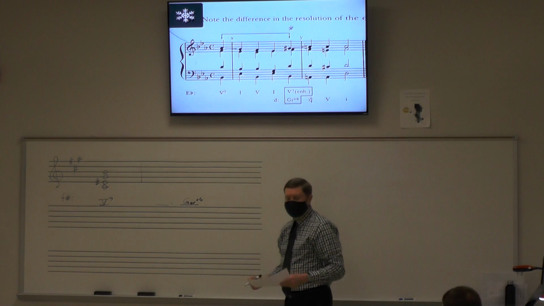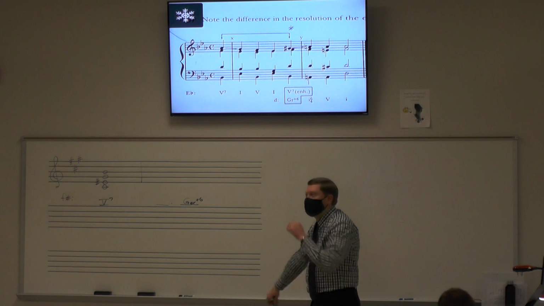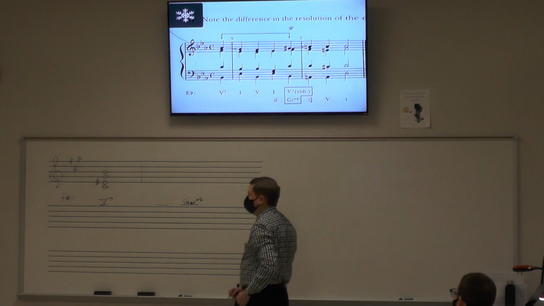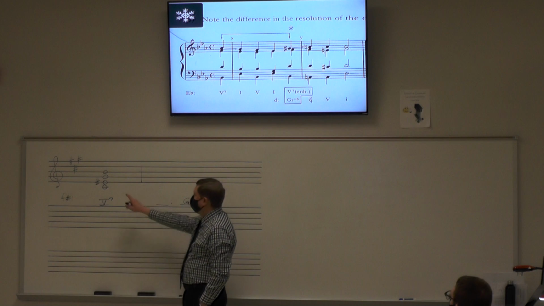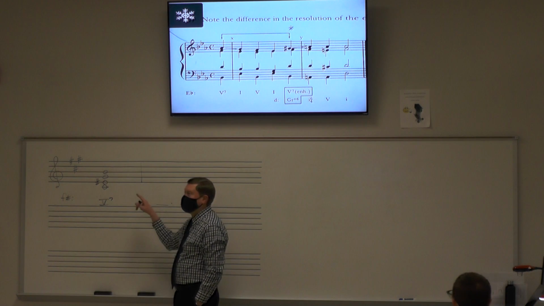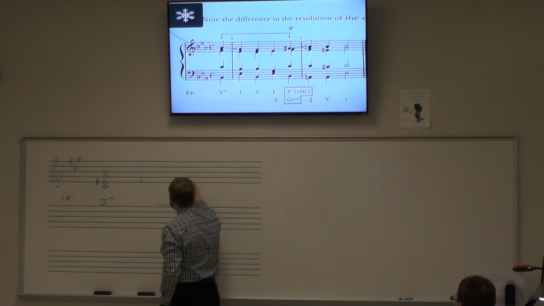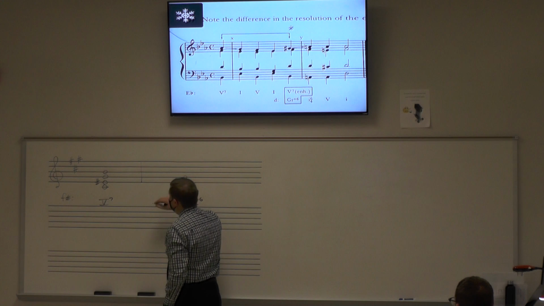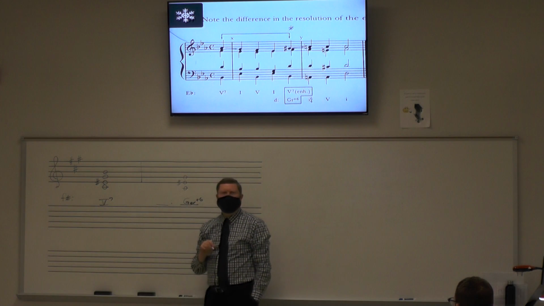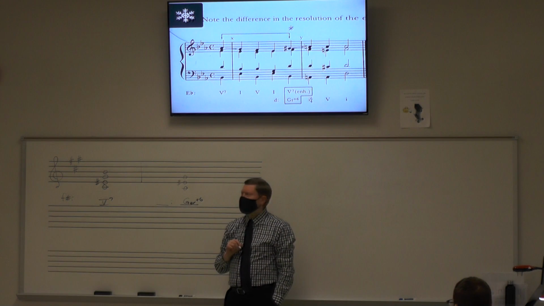Let's respell the 5/7 as a German 6. What's the procedure? Which note do I just respell enharmonically? The 7th. Okay. So that's a B. I respell that enharmonically, leave the other notes the same. And I've got, whoa, B enharmonic is a double sharp.